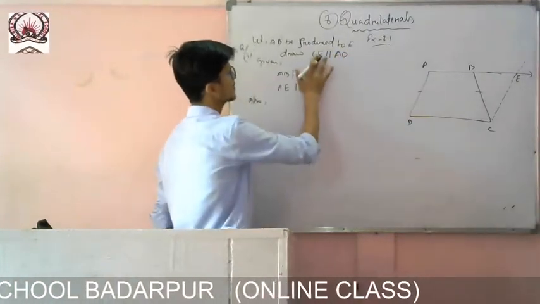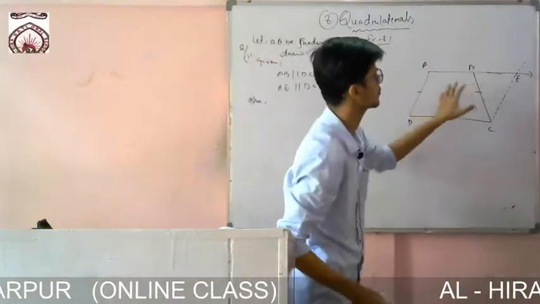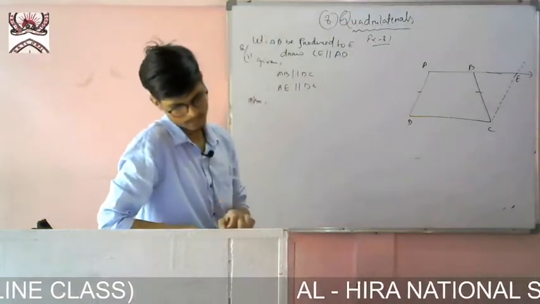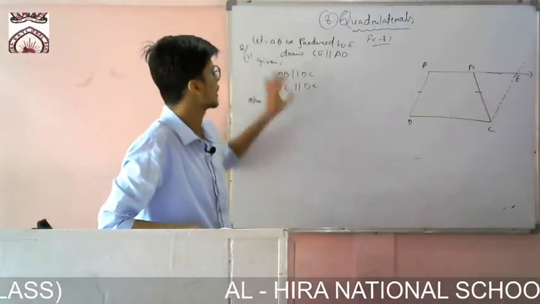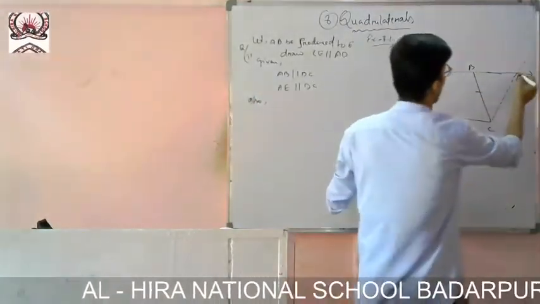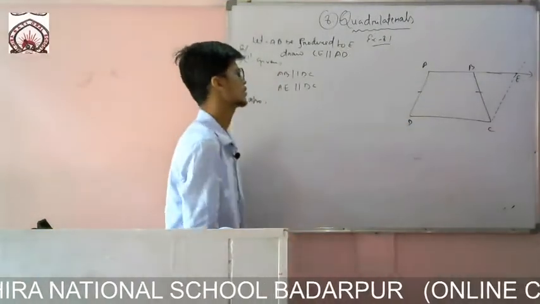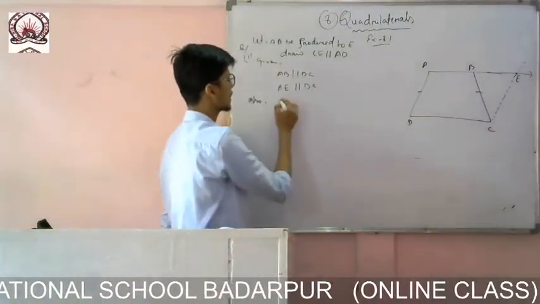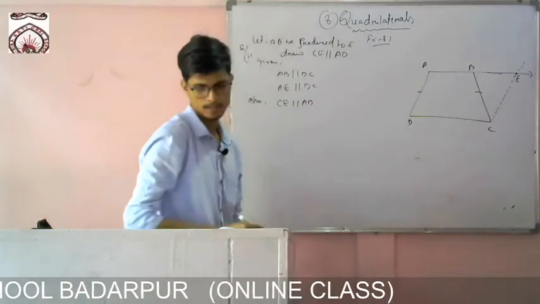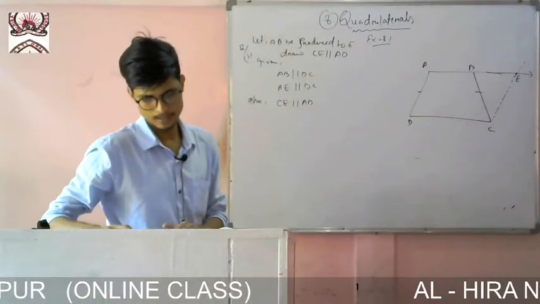You write this line. I thought it was in the figure, directly given in the question, but it is given in the hint part. So you have to write this: let AB be produced to point E, and CE is parallel to AD.